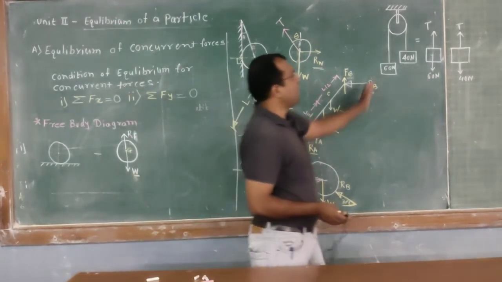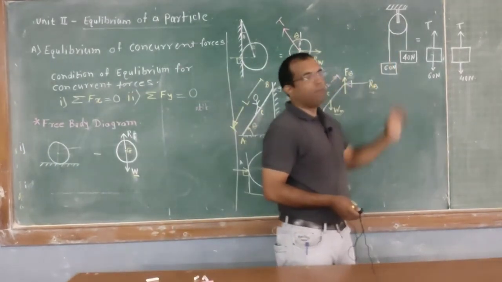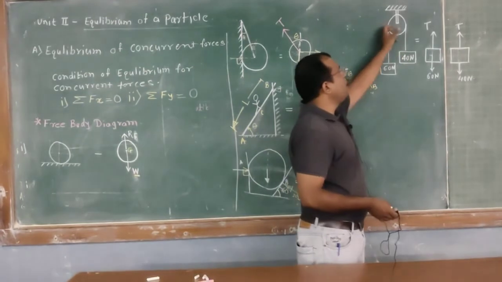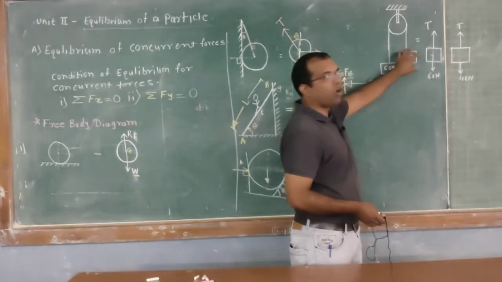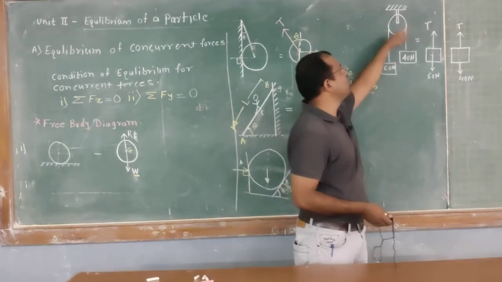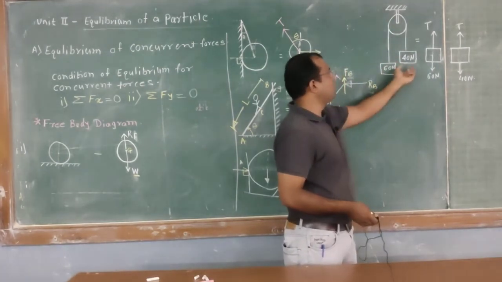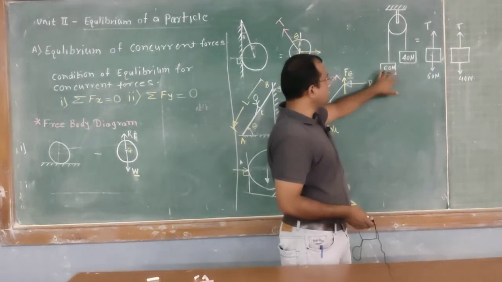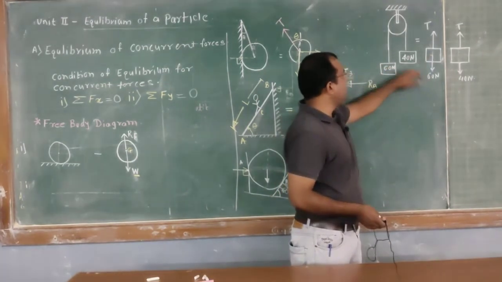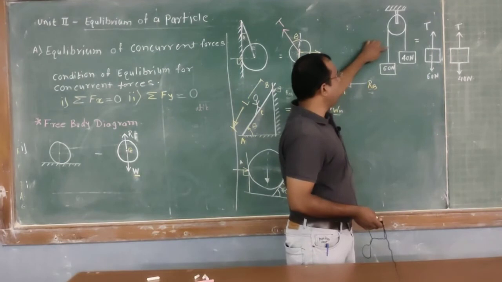Now come towards the last example of free body diagram. Now this is a wheel. On that wheel two boxes, or two weights, are hung with the help of the same string. So we have to draw the free body diagram of this string. Okay, so 60, the weight is coming in downward direction. If we cut this string, what will happen?